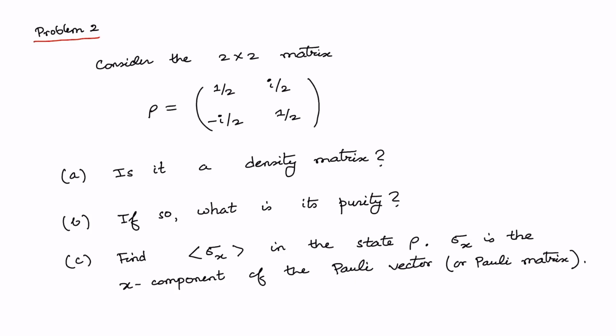Because you know, if it is a density matrix, then the state of a quantum system is represented with a density operator. So you are asked to find the expectation value of sigma x in the state rho, and sigma x is the x component of the Pauli vector or Pauli matrix. Now part B and part C of the problem depend on whether the given matrix is a density matrix or not.